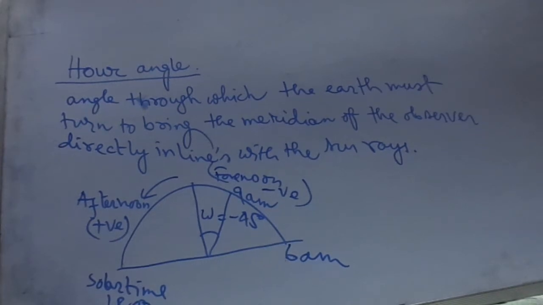In other words, at any moment it is the angular displacement of the sun towards east or west of the local meridian. Angular movement of the sun.